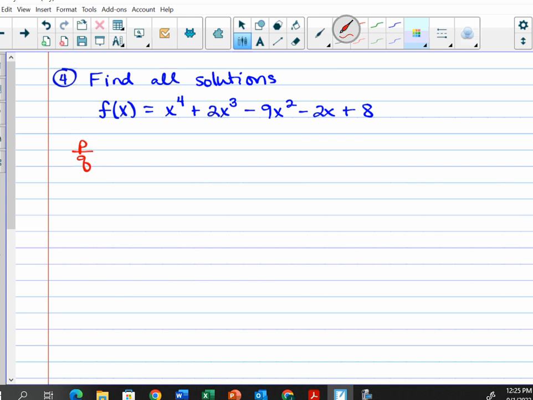So I'll walk you through this one again, and then I'll let you try one. Since the leading coefficient is 1, I kind of already made the list, right? Yeah, we like it when that leading coefficient is 1.